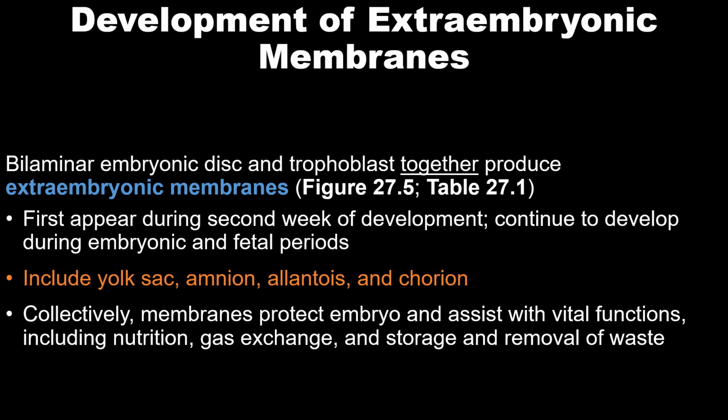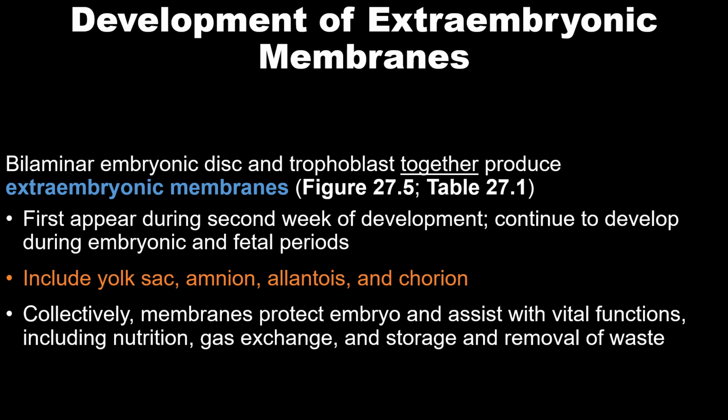Now, when they work together, the bilaminar disc and the trophoblast produce the extraembryonic membranes that first appear during the second week of development, and they continue to develop during the embryonic and fetal periods. Now, these membranes work to protect the conceptus and assist with vital functions like nutrition, gas exchange, and storage and removal of waste.